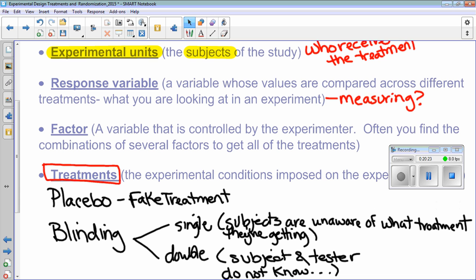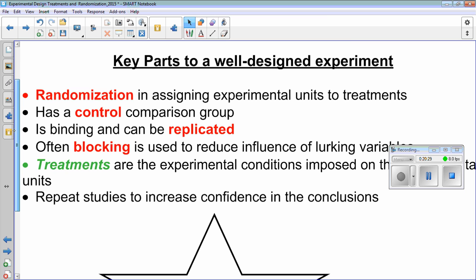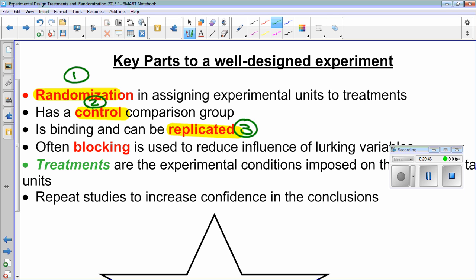Vocabulary-wise, any questions? No? So what makes a good experiment? Okay? There's really only 3. I'm going to highlight what the 3 words are, and then we'll get to the other ones in a few minutes, okay? So, 1, 2, and 3. These are the key elements to a good experimental design.